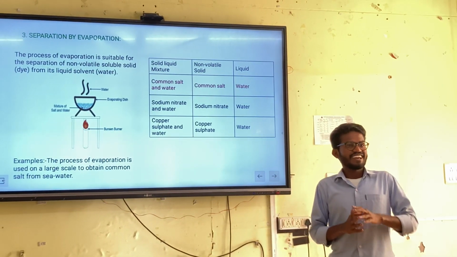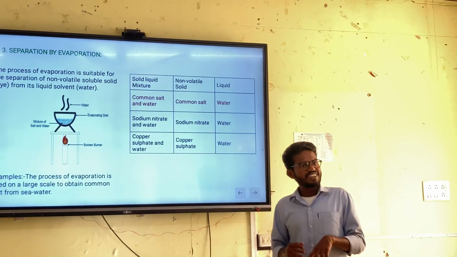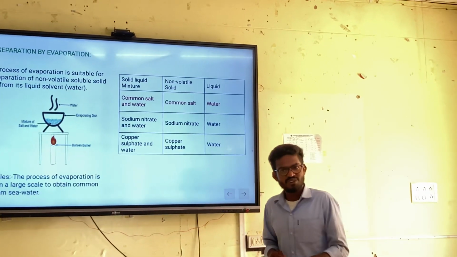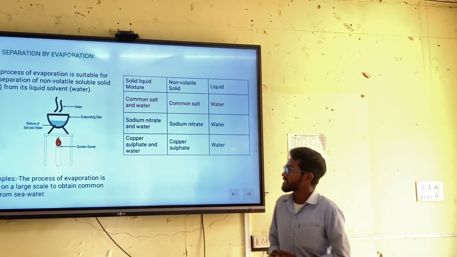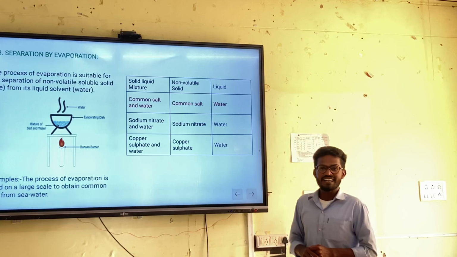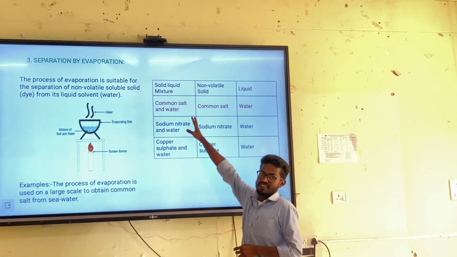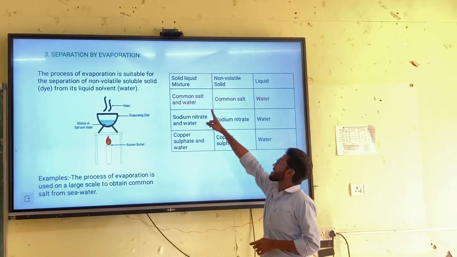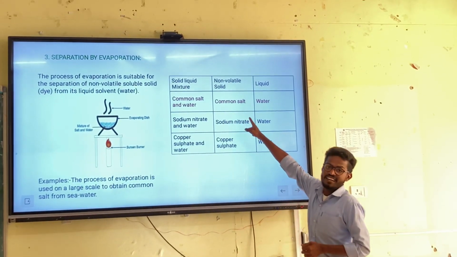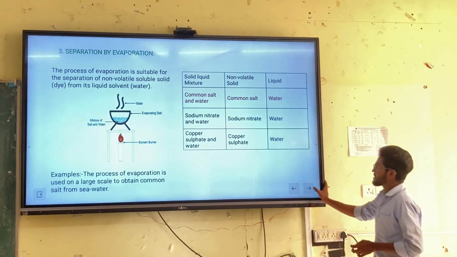In the filtration process, it was taking place to separate insoluble solids, but here it is a non-volatile soluble solid. You can see the table here, common salt and water. We can easily separate the common salt like that.